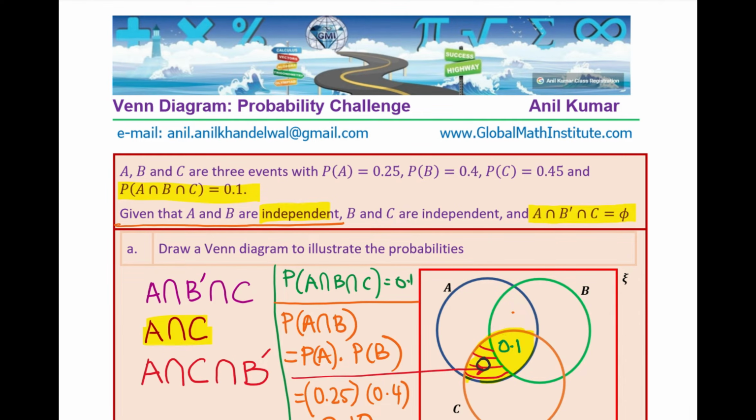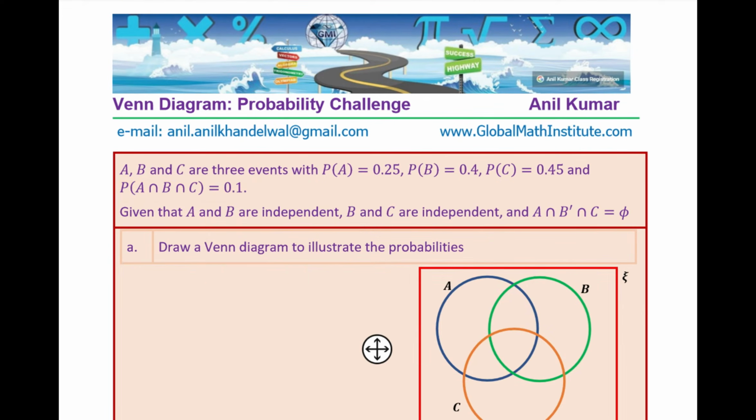Perfect. So let's move on to a fresh page. What we have found so far is that the intersection is given to us as 0.1, and these two are blank for us.